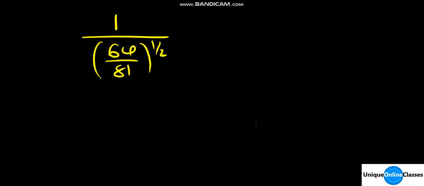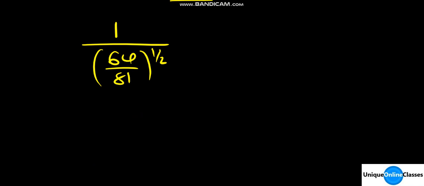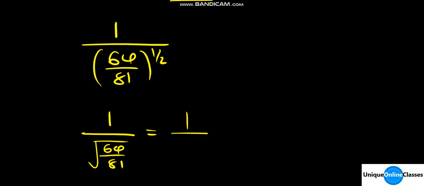Now here we apply what we did above, so it becomes 1 over the square root of 64 over 81, which is the same as 1 over the square root of 64, that's 8, over the square root of 81, that's 9. Can you leave that as an answer?